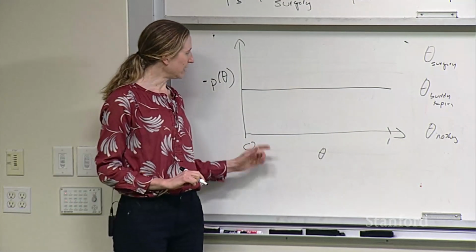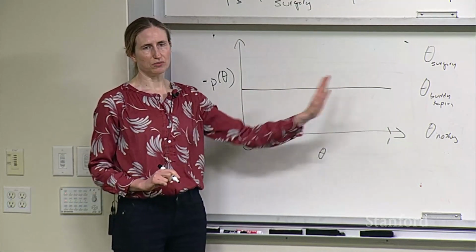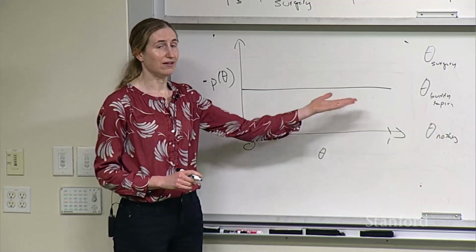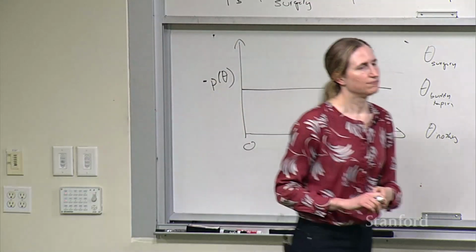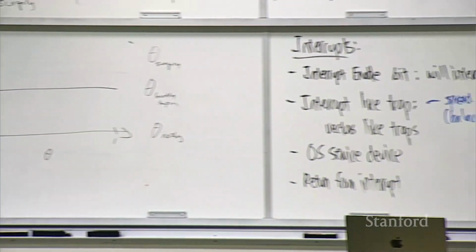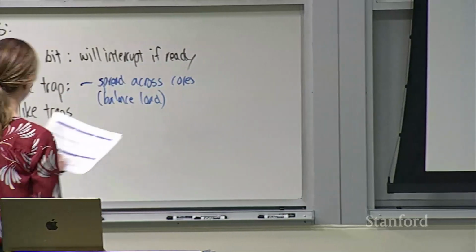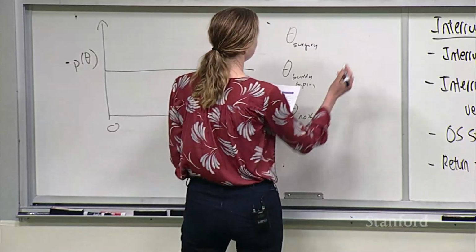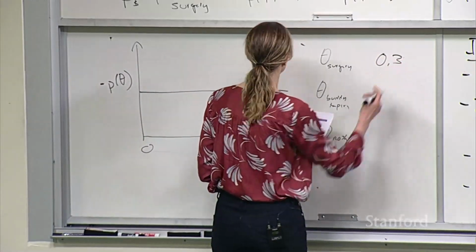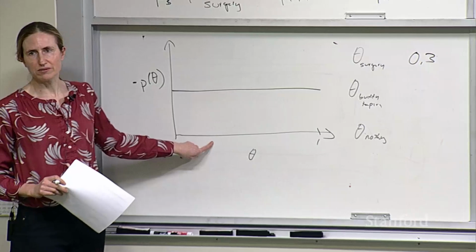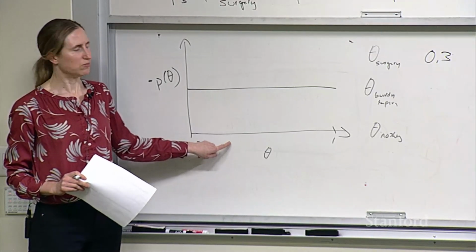For the first one, I'm just sampling from a uniform distribution between 0 and 1, so it could be anything between 0 and 1. Let's say, for example, that I happen to sample 0.3. That's a totally reasonable thing to sample given this uniform distribution.